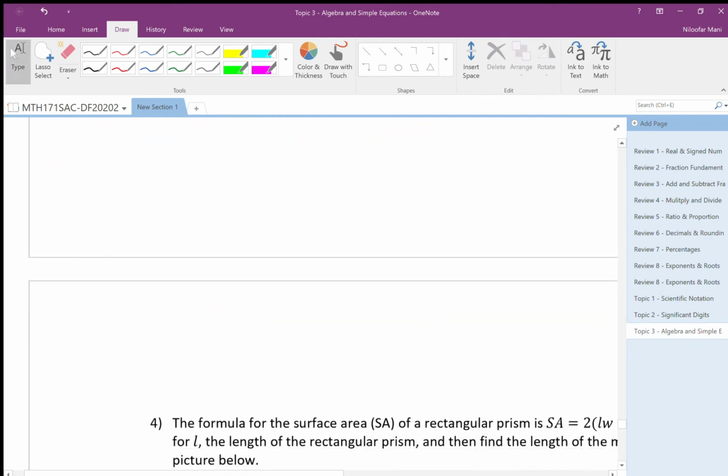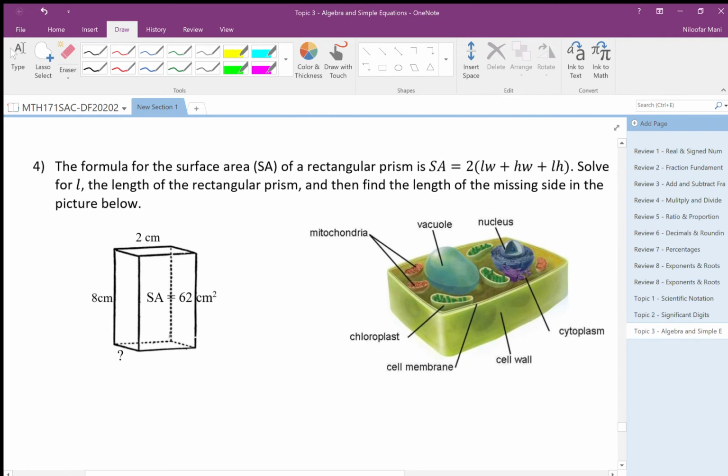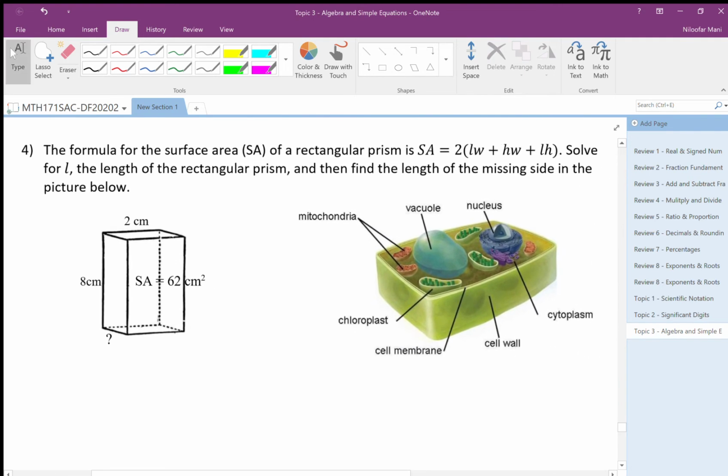Okay. How about this one? The formula for surface area, which is SA. SA is not S multiplied by A. No, SA is just one thing. Okay, so of a rectangle is this. See, when you have a rectangular prism, yes, of course, so which one is missing here? Yes, L is missing.